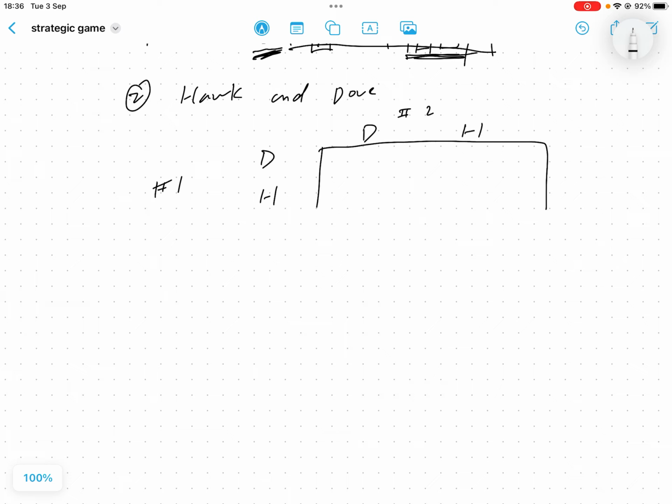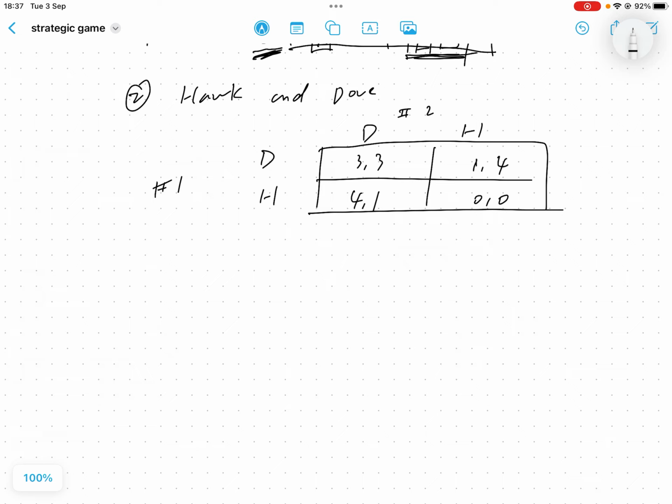Let's suppose their payoffs are such that they get 3 and 3 if both are playing D. And they're getting 1 and 4 if player 1 is playing D and player 2 is playing H. And symmetrically 4 and 1, and 0, 0 here.